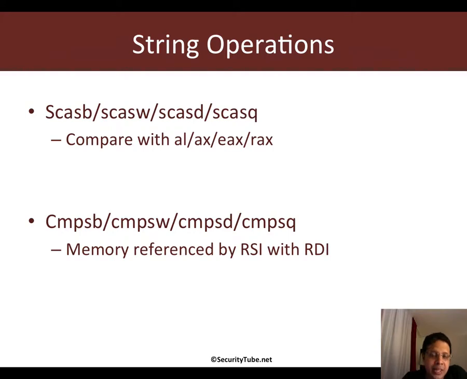This comparison happens with the respective register: SCASB compares a byte with AL, SCASW compares 2 bytes with AX, SCASD 4 bytes with EAX, and SCASQ 8 bytes with RAX. And the string we are comparing is referenced by RDI.